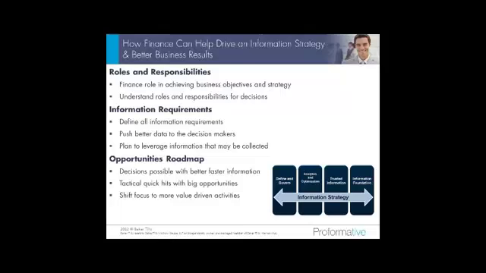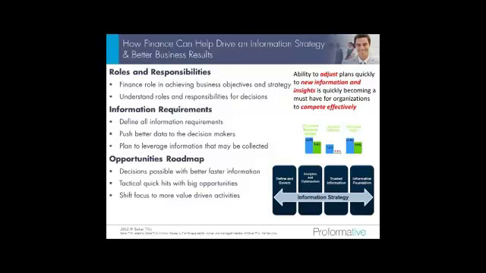And what you can do with that is to start shifting the processes to more value-driven activities within the organization, so removing some of those manual processes that you have now. And what we're finding is the ability to leverage that new information and those new insights, combined with the ability to adjust your plans quickly, is enabling organizations to compete more effectively and realize some of those results that we just talked about.